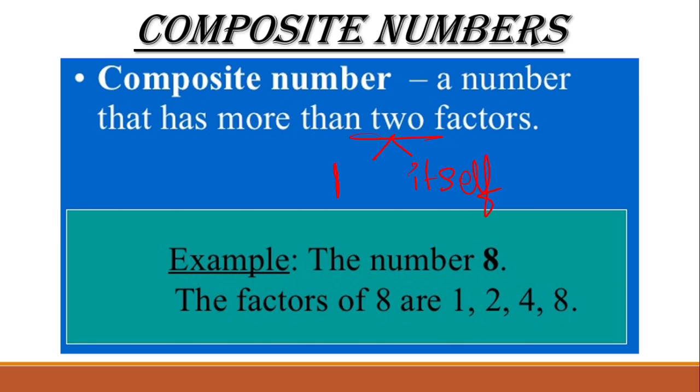If we count, we have 1, 2, 4 and 8, so 4 factors are there. So hence 8 is a composite number, because it has more than two factors.